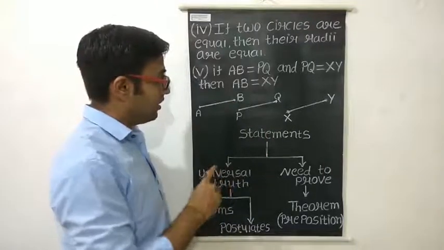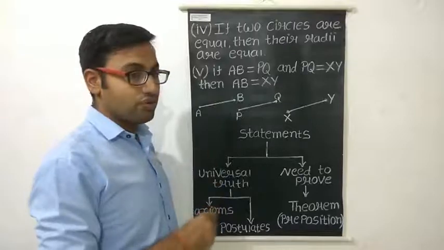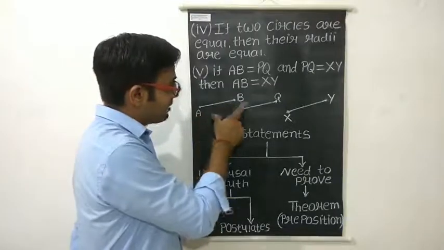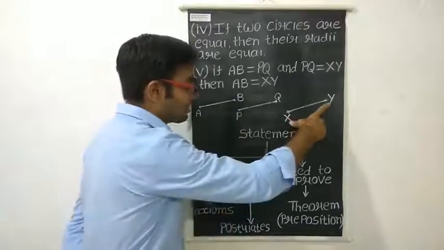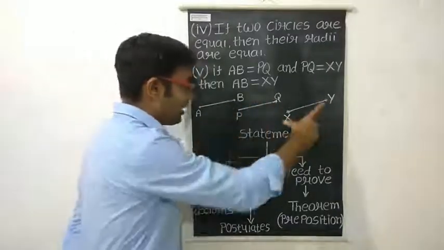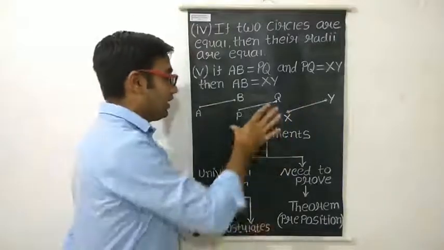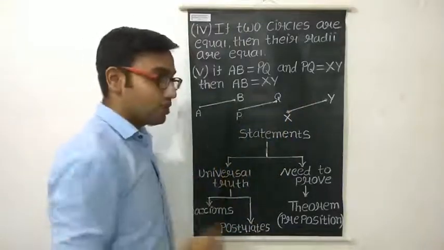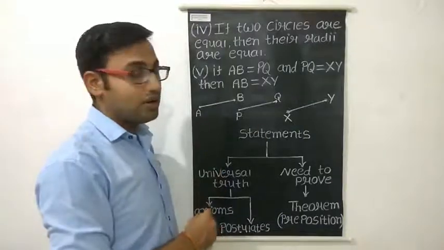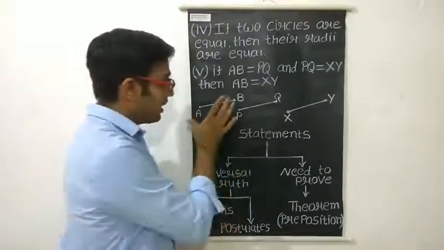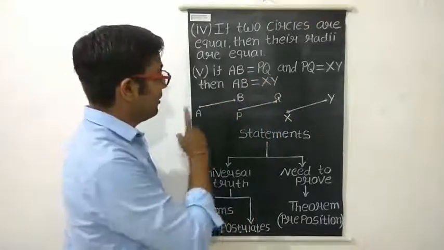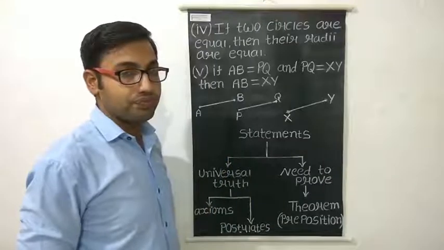So in this statement, we have to use it for line segments. If line segment AB is equal to PQ and line segment XY is also equal to PQ, then both line segments AB and XY are equal. Things which are equal to the same thing are equal to one another. Right? So this statement is also true.